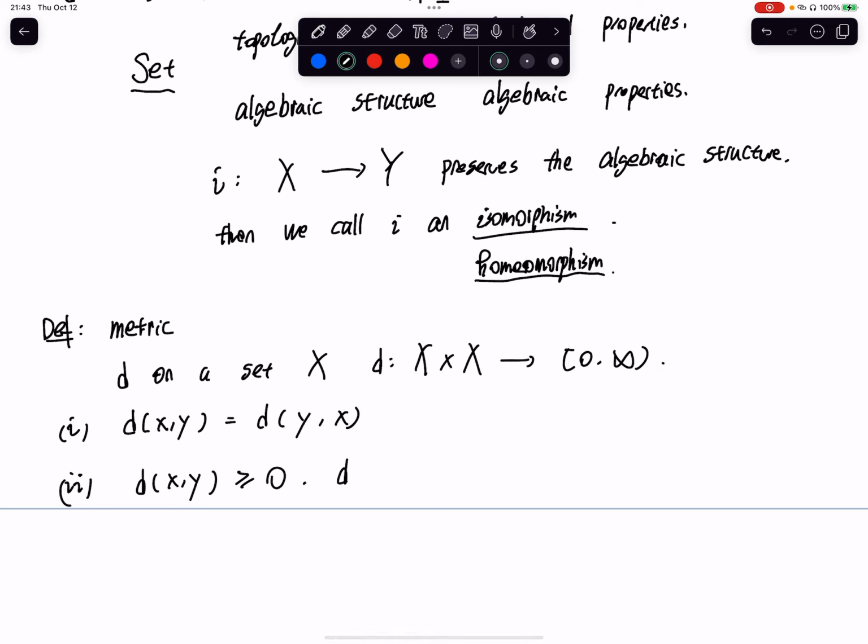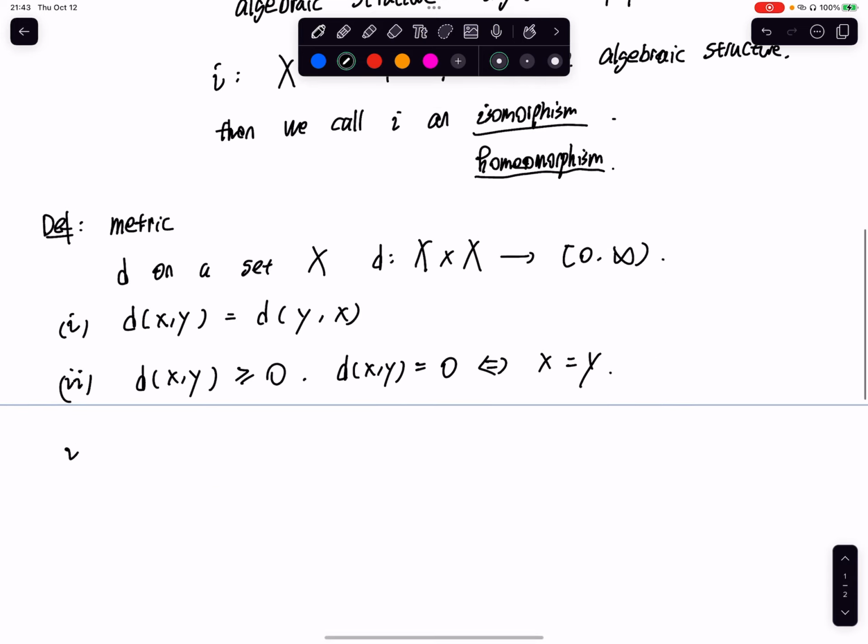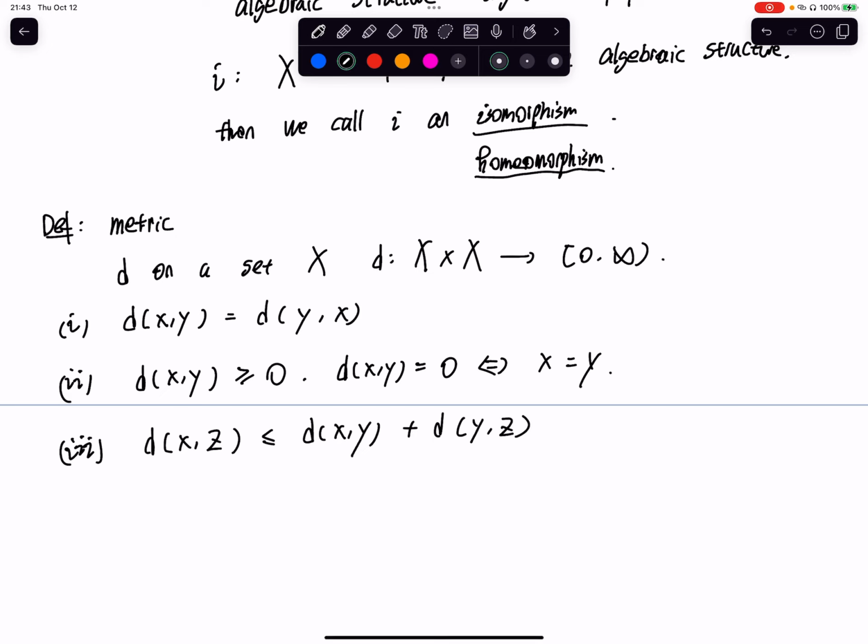Moreover, d of x y equals 0 if and only if x coincides with y. And thirdly, we have the triangle inequality. That is, for d of x z, we have it is bounded by the distance between x and y plus the distance between y and z. And this holds for all x, y, and z in X.